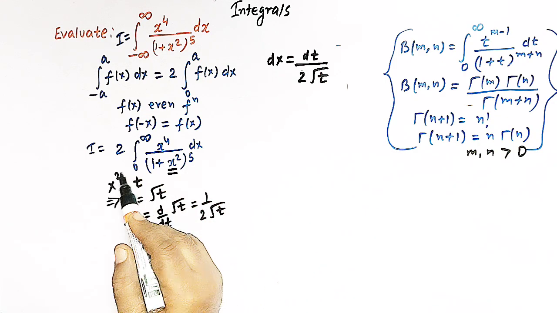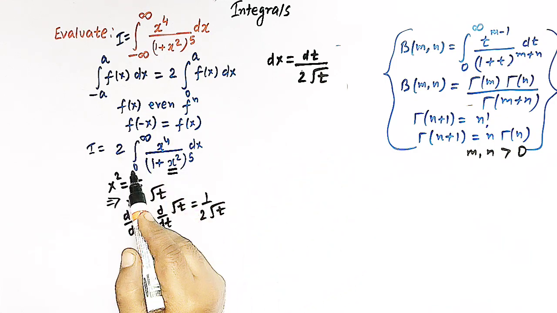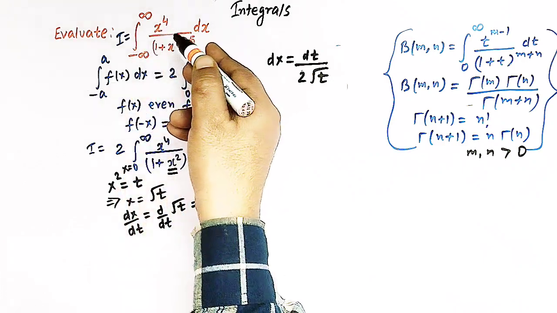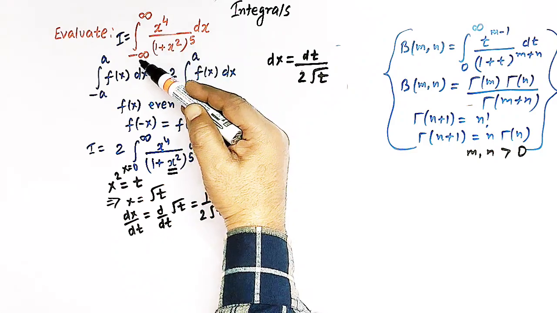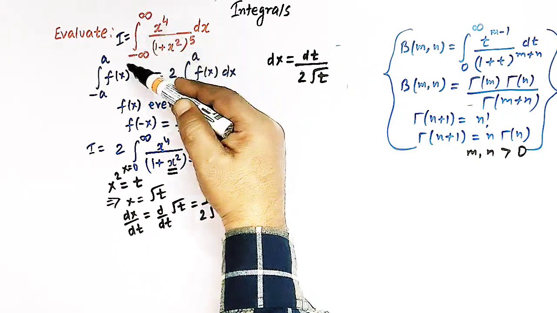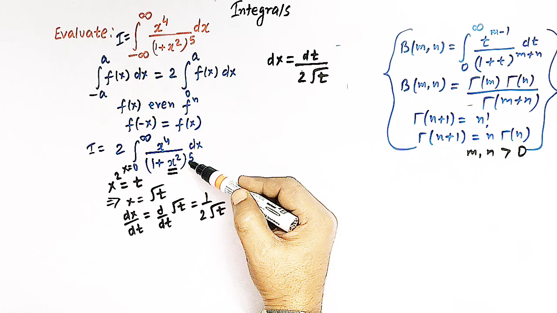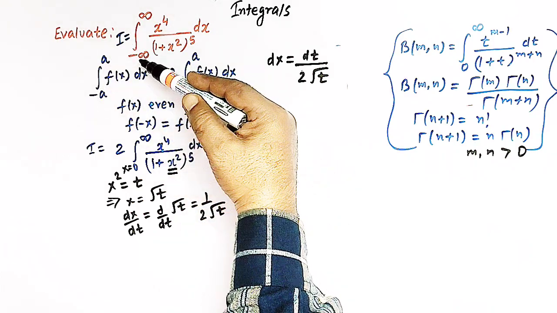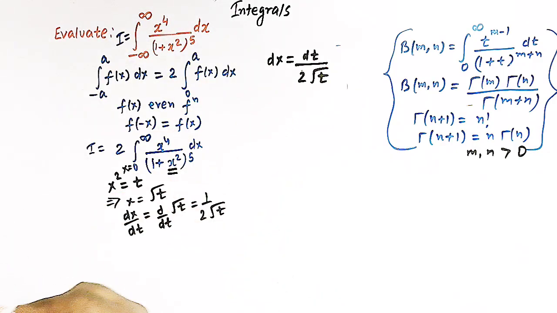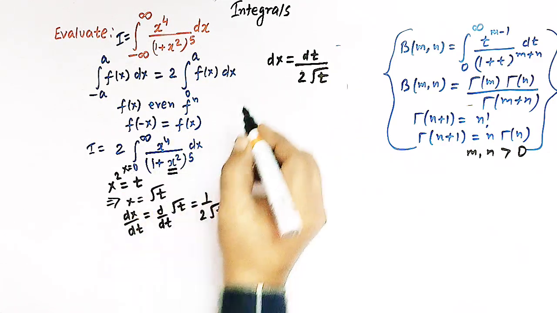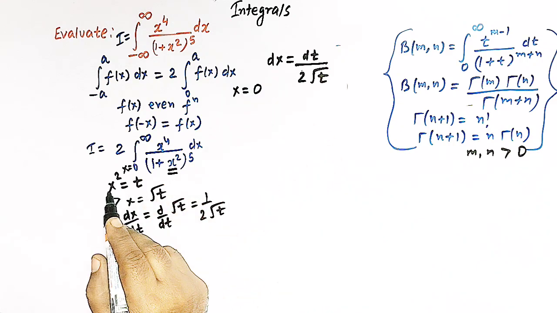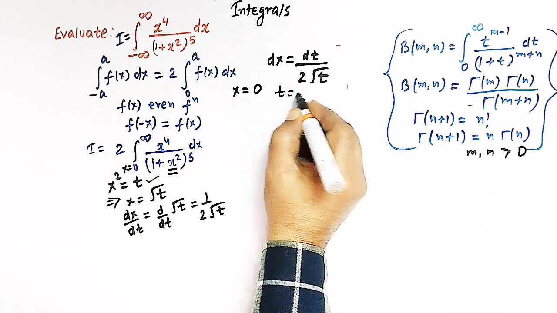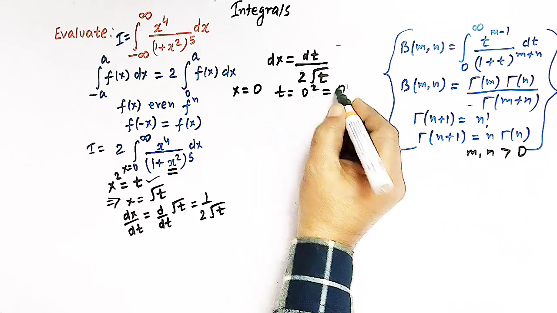Now let us change the limits of integration. Here x varies from 0 to infinity, because in the original integral we had minus infinity to infinity, and we changed it to this form by using this property. Now when x is equal to 0, t is equal to 0 square, that is 0.